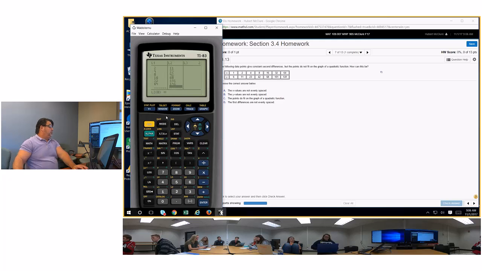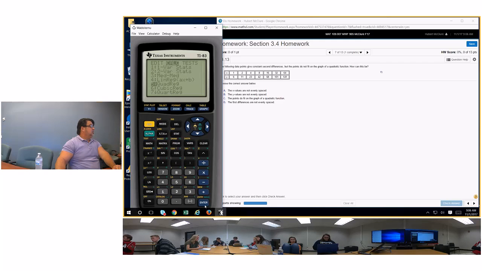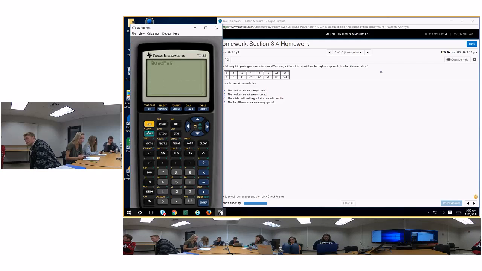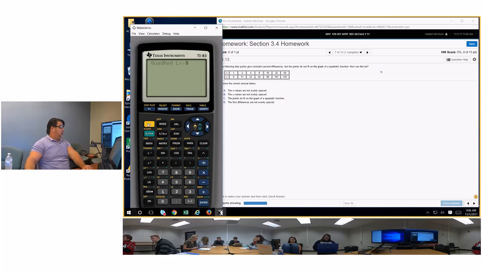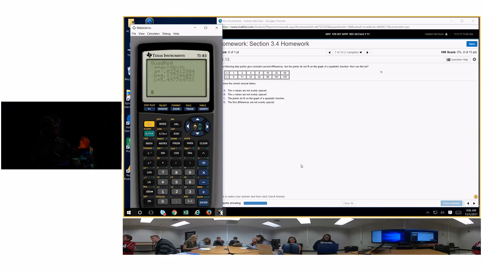Then go to Stat, calculate. I would probably think it would be quadratic. And second L1, comma, second L2, and enter. There it is. And plug and chug.